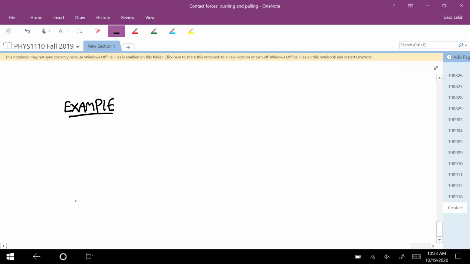So let's say that we have a track, and one side of it is at an angle. For now, you don't need to know what that angle is. To actually do the calculations, you would have to know if that's 20 degrees or whatever. And let's say that there's a pulley at the corner. And let's say that on this side, there's a cart with a mass of 10 kilograms.